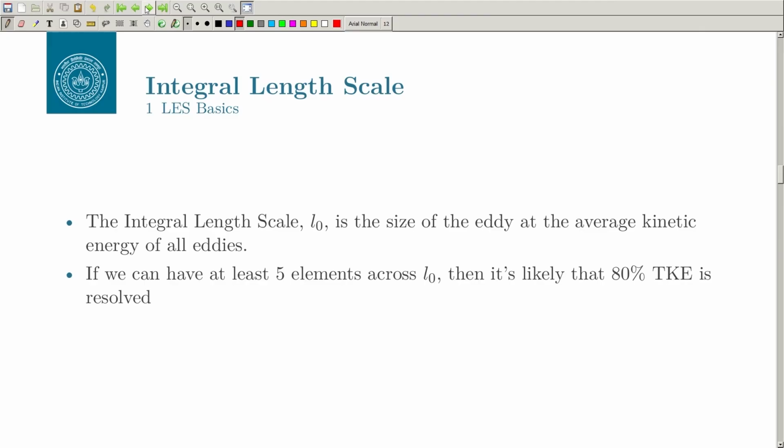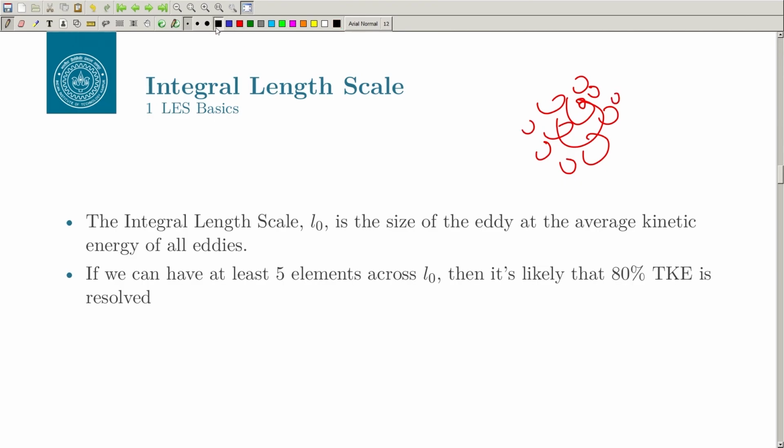and we have already discussed this in the context of RANS, where we basically said that you have different kinds of eddies in the flow. You can have an eddy which is very big, then small, then medium, all these different kinds of eddies are there.